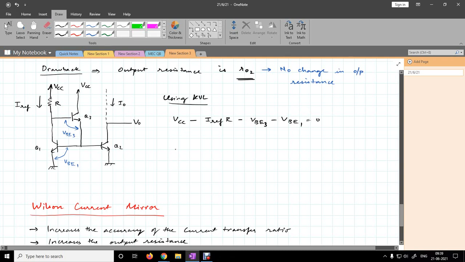So from this I can write I reference is equal to VCC minus VBE1 minus VBE3 divided by R. So by precisely controlling the R value, you can control the I reference value.